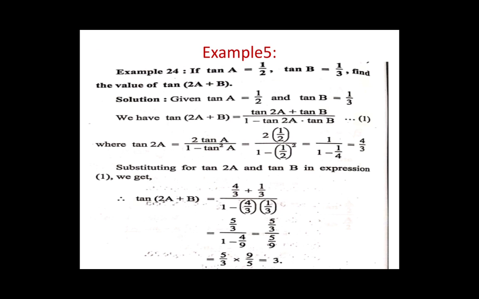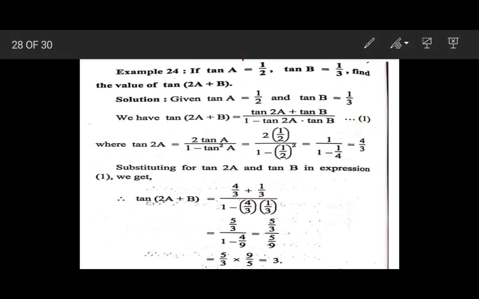Then the next sum: if tan A is given as 1 upon 2 and tan B is given as 1 upon 3, then find the value of tan of 2A plus B. First, 2A plus B is a compound angle, right?